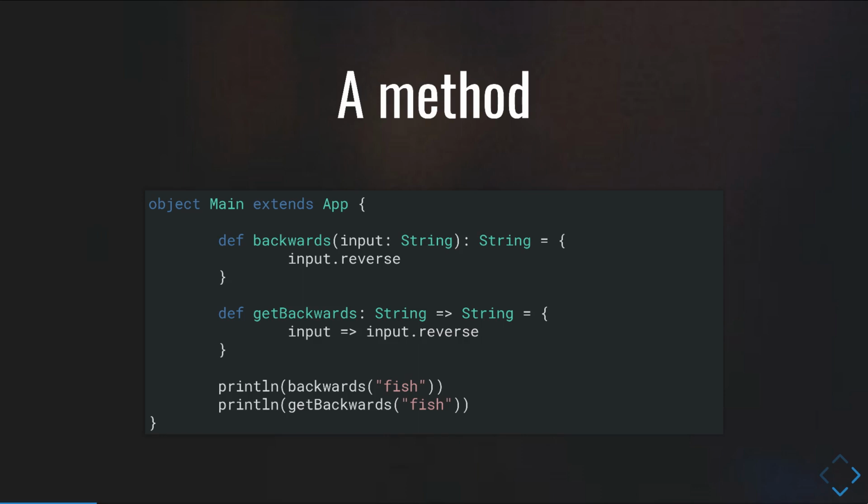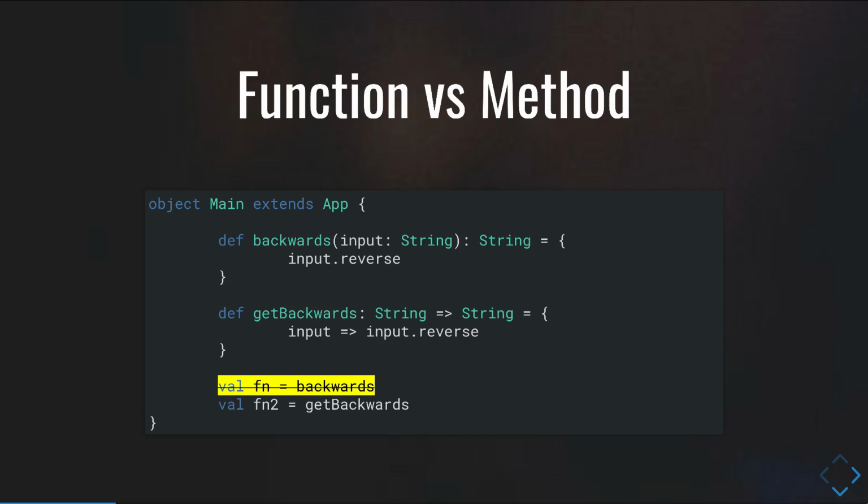But when we try to assign the functions to variables, getBackwards works, but backwards does not. Now, we can actually take the function from a method and store it in a val, but we need to give the compiler a little bit more explicit information to do so. As seen, just assigning it to a val won't work, because there's a little bit more work that needs to be done in order to be able to pass a function around as a variable.